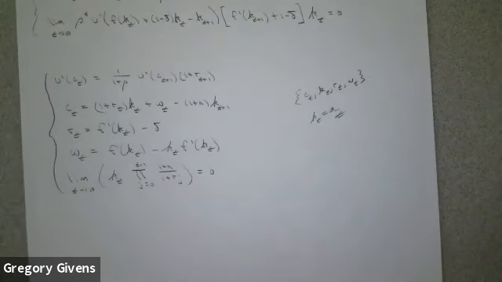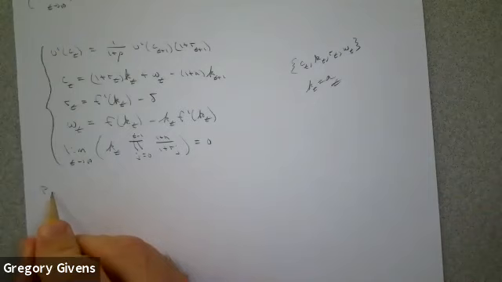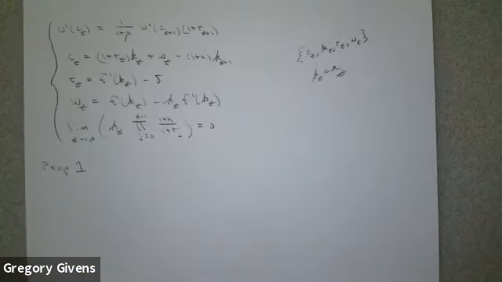This leads us then directly to what I have in my notes labeled as proposition 1. So I'll read it and then we'll go through the sketch of the proof together.